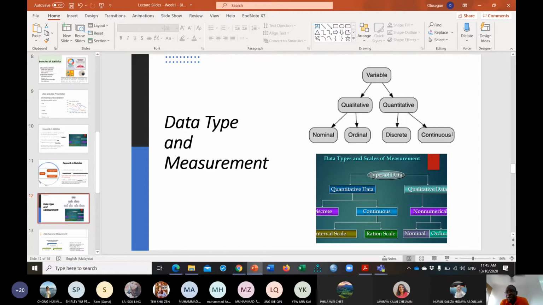So when we look at the quantitative data, we can have discrete, we can have continuous. Continuous in the sense that it continues, it takes any form. Then we have qualitative and non-numerical, as I've explained. So you can get it in nominal or ordinal.